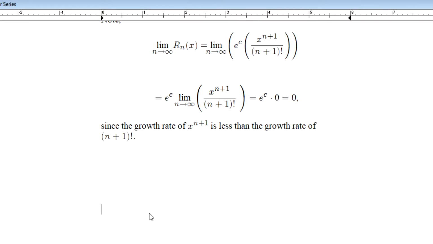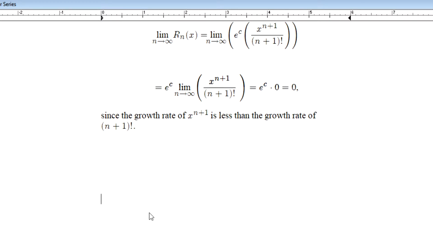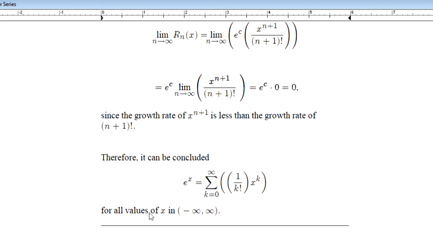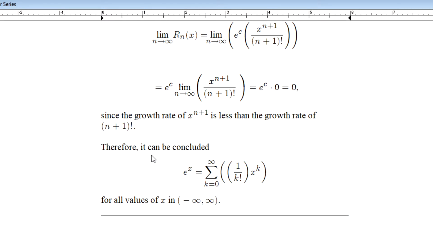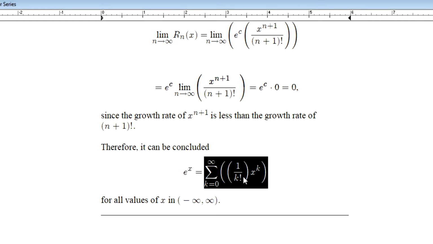So what does that tell us about our Taylor series? Well, that Taylor series then must be equal to e to the x for all values of x in that interval from negative to positive infinity. Therefore, we can conclude that when we think about that transcendental function e to the x, that transcendental function e to the x is really nothing more than this infinitely long summation.